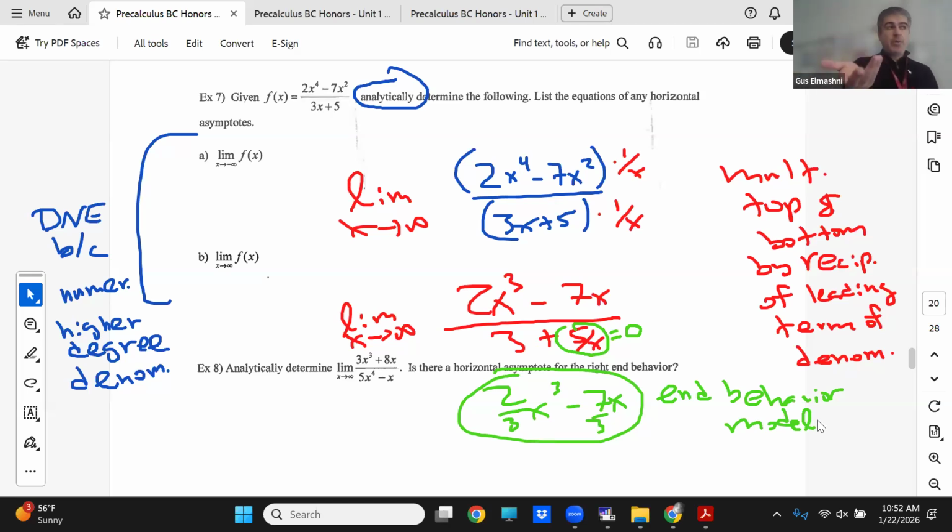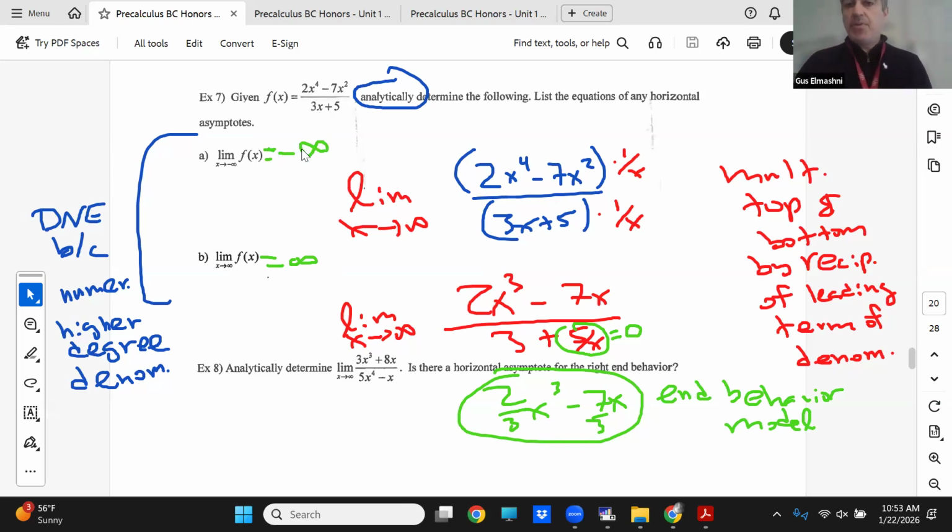We know the end behavior for these polynomial functions, so I somewhat turned this rational function into a polynomial function. What's the end behavior for this polynomial as x gets large? It's pointing up or down? How about the other one? Correct. So that's going to be the true limits if you want to write that.